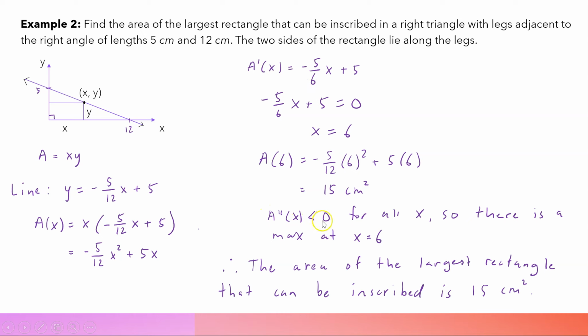So since the second derivative is negative for all x, there has to be a maximum at x equal to 6 because the tangent to the function is horizontal. So we can conclude that the area of the largest rectangle that can be inscribed is 15 square centimeters.